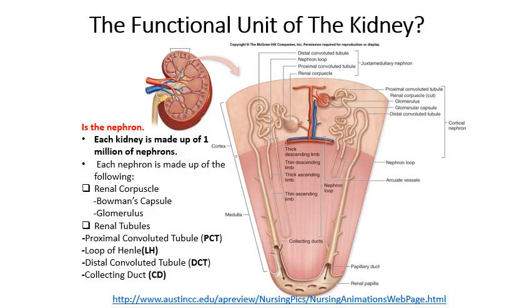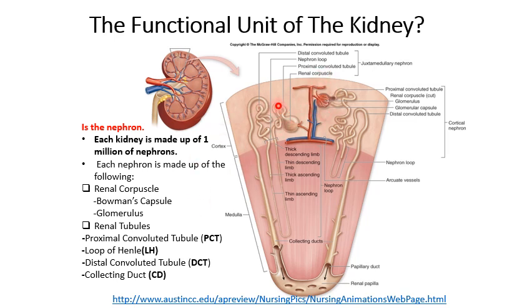Each kidney is actually made up of about 1 million nephrons, and these nephrons are composed of the renal corpuscle. So this is called a renal corpuscle. This is the view from outside, and this is the view from inside the corpuscle.